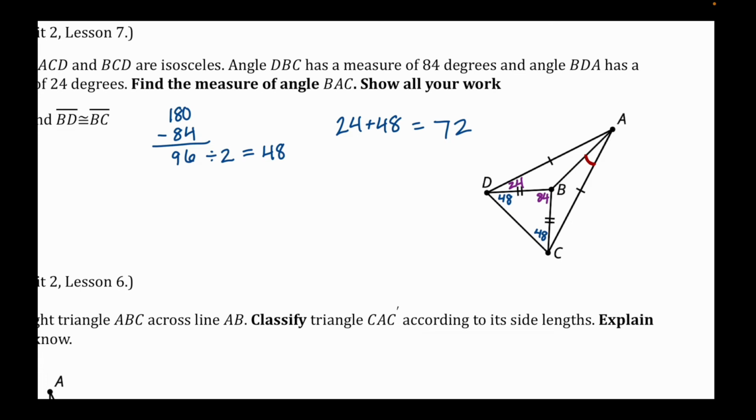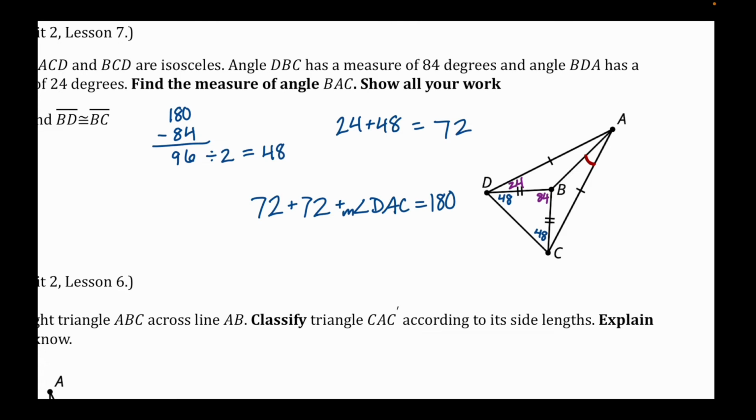Okay, so what I know based on my big triangle is that I should have 72 and 72 as my base angles plus, what should I name this? We'll call this angle DAC because that's the big one here at the top, angle DAC. And that's going to be 180.